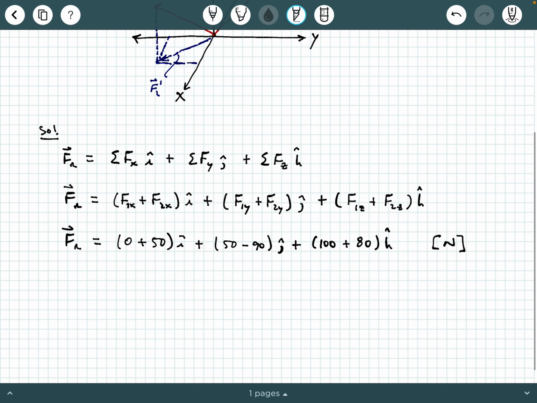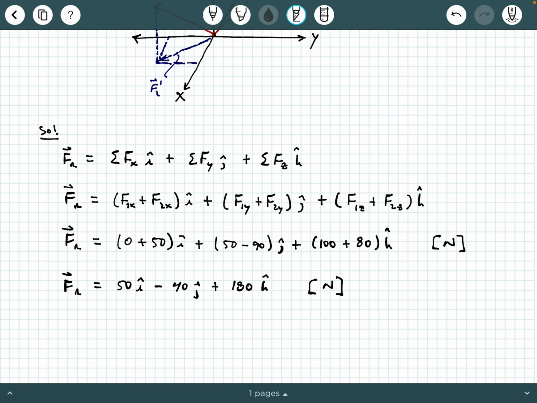And so as a Cartesian vector, the resultant force comes out to be just 50i minus 40j plus 180k. Again, this entire resultant vector has units of newtons, and so each one of its components has units of newtons.